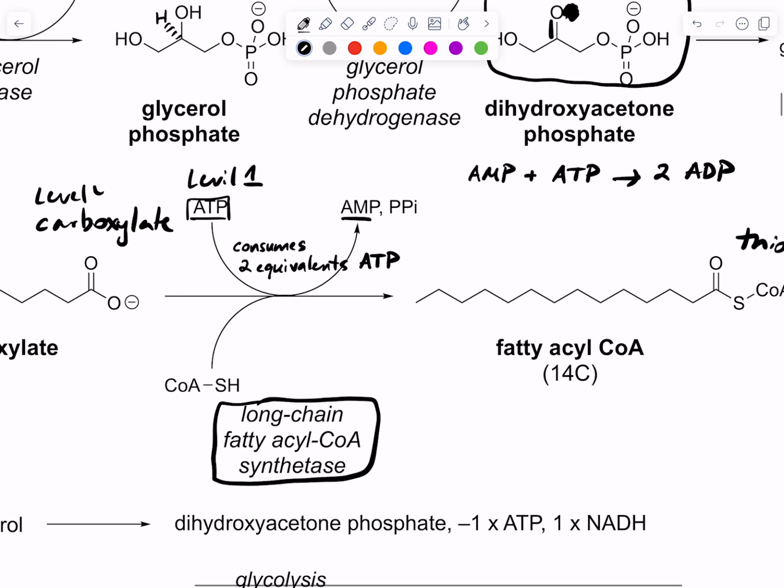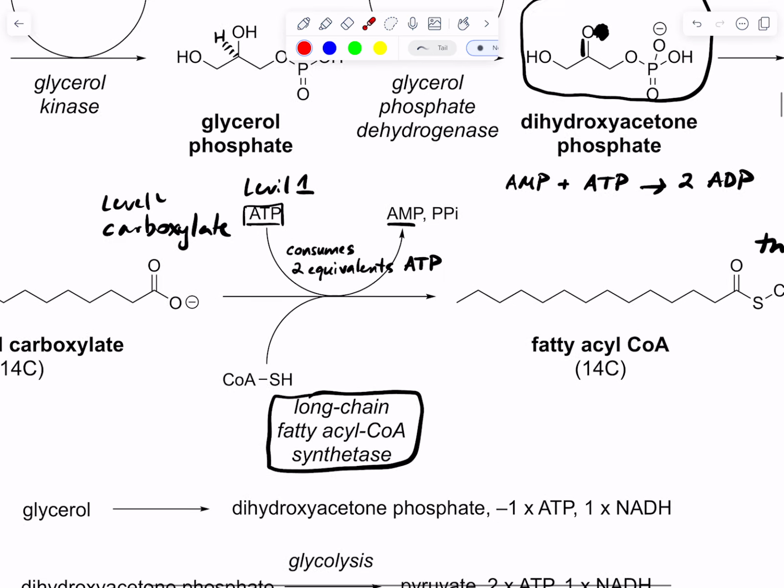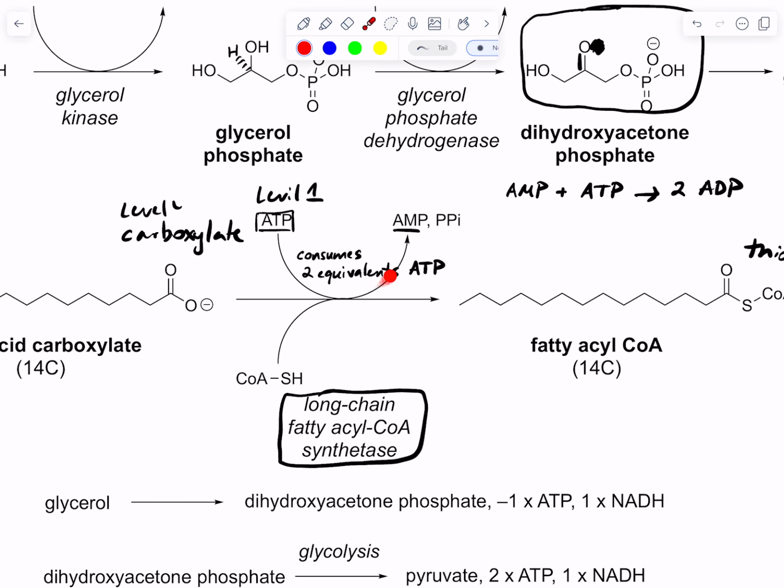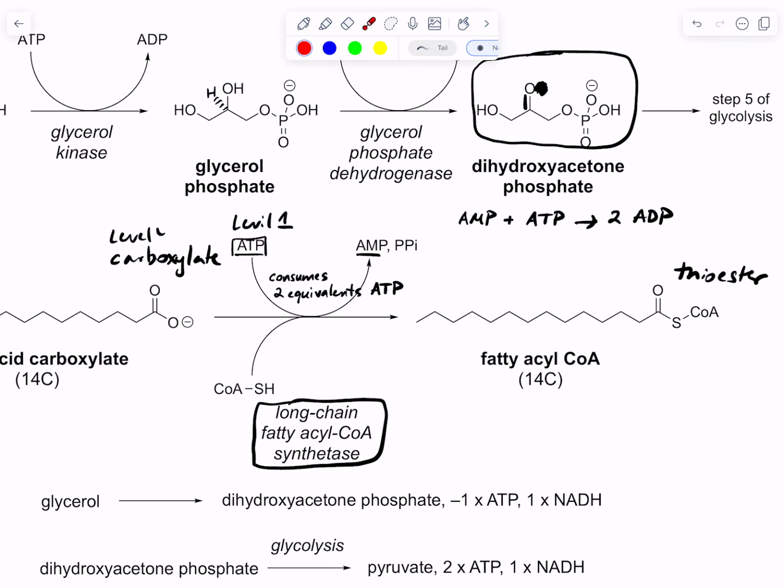So every time you go through this reaction of activating the fatty acid carboxylate, you're effectively consuming 2 equivalents of ATP. One here, and then the second there. Questions about that?